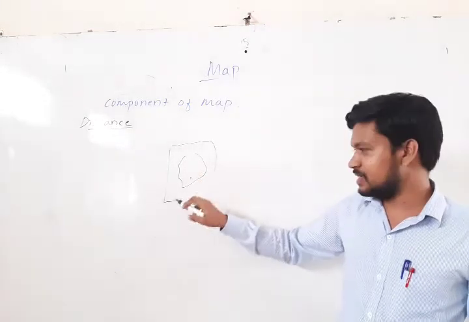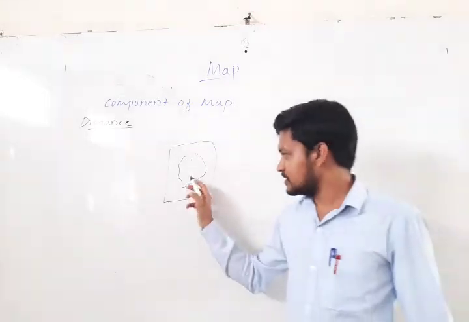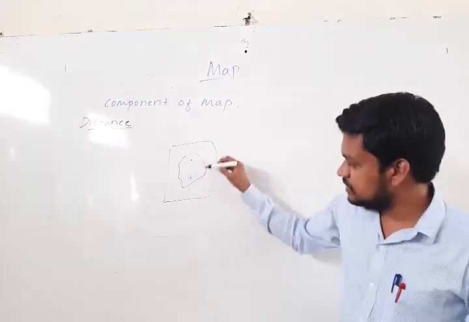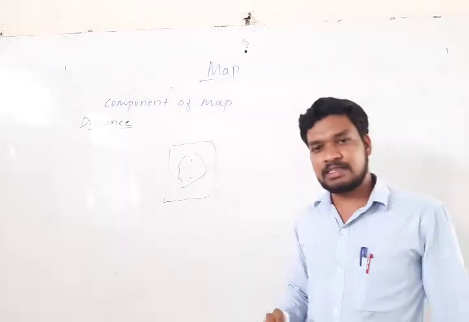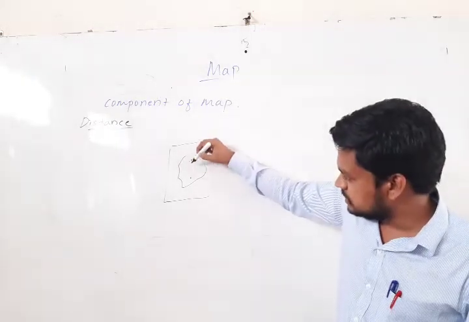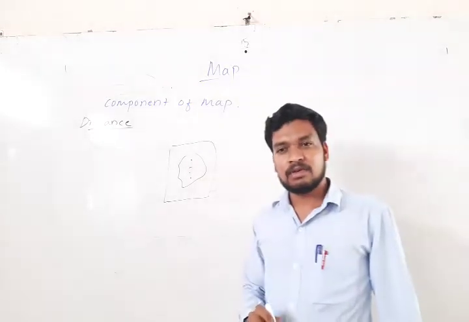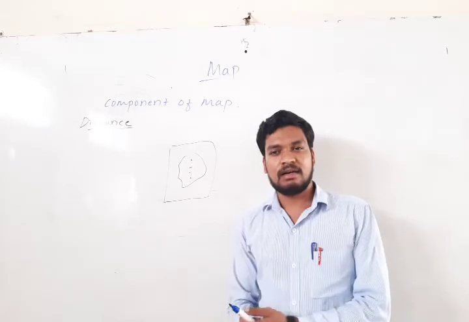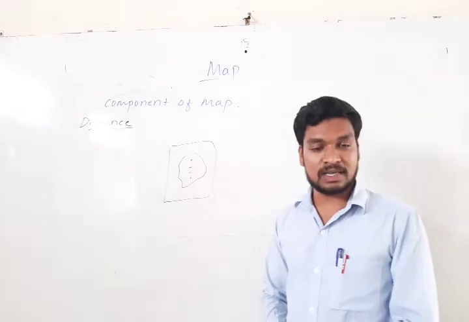Suppose there is one Sst Niketan school, and towards there we have Sst Niketan University. The distance between the school and the university is 3 centimeters on the map. How can you get to know the exact distance?